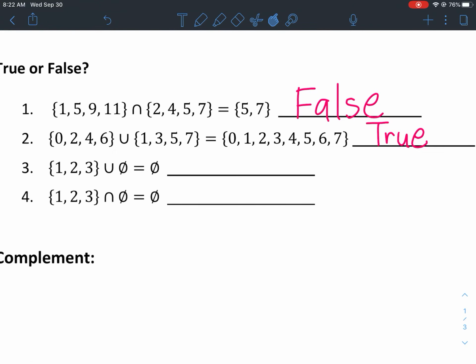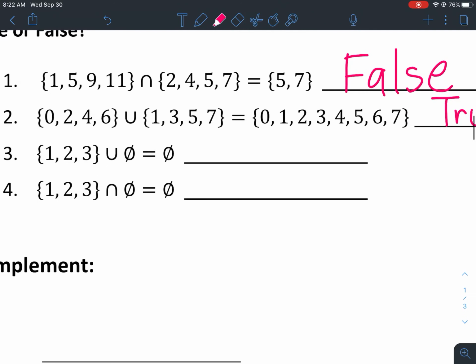Okay, next one. We have the set of 1, 2, 3, union empty set. So we are joining the set 1, 2, 3 with nothing. If we're joining the set 1, 2, 3 with nothing, we should still have 1, 2, 3. So this is a false statement. If we are really joining 1, 2, 3 with nothing, we still should have 1, 2, 3.